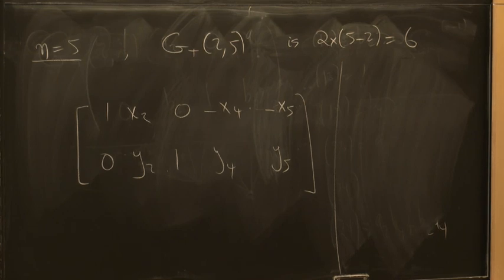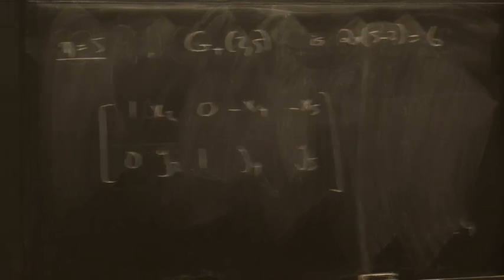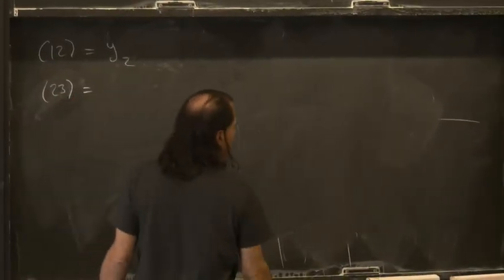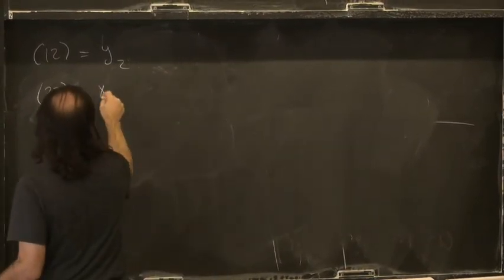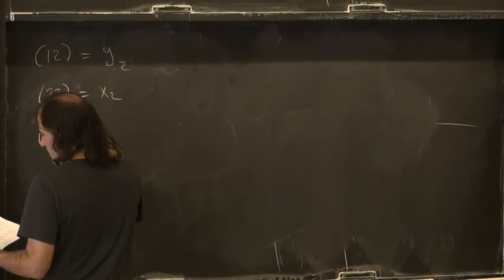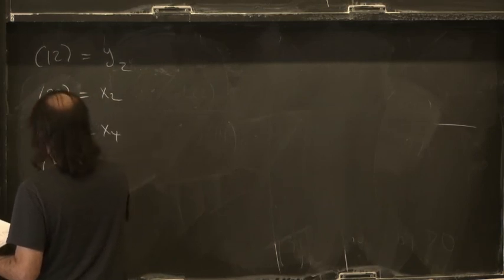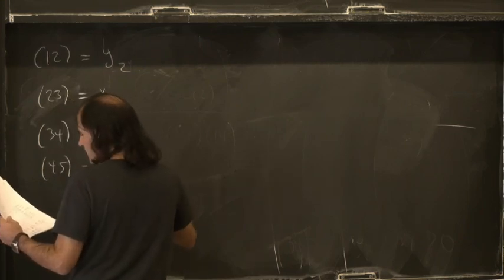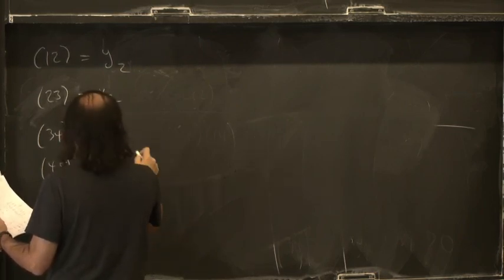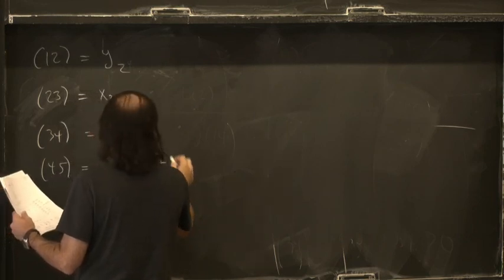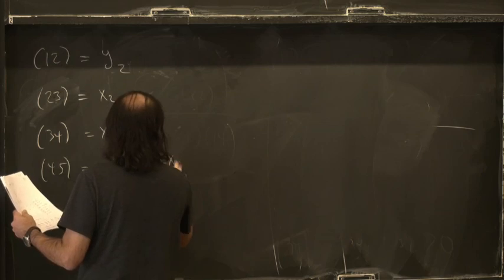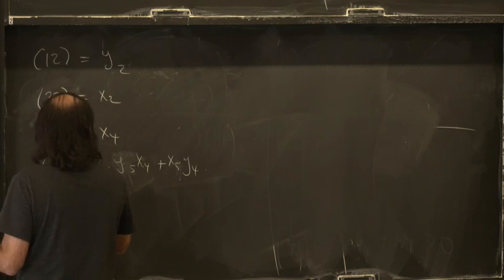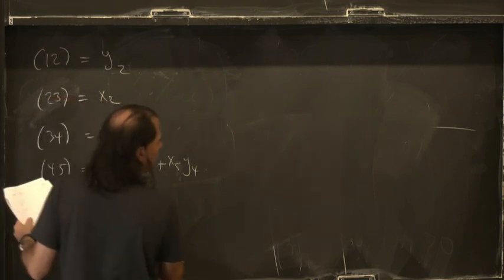So 1, 2 is y2. 1, 3. So let's first look at the consecutive guys. 2, 3 is x2. 4, 5 is interesting. Oops, it is negative y5 x4 plus x4 x5 y4. 1, 5 is y5.